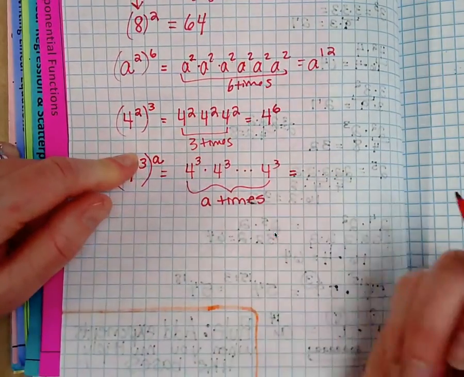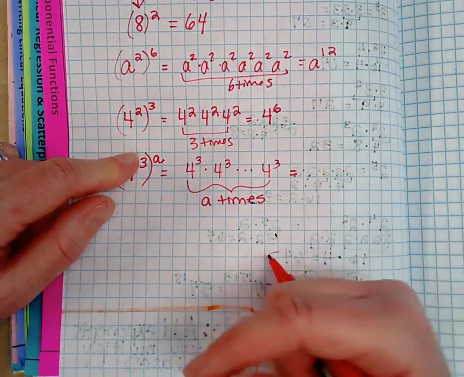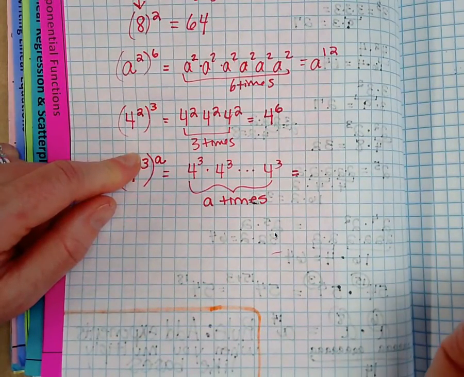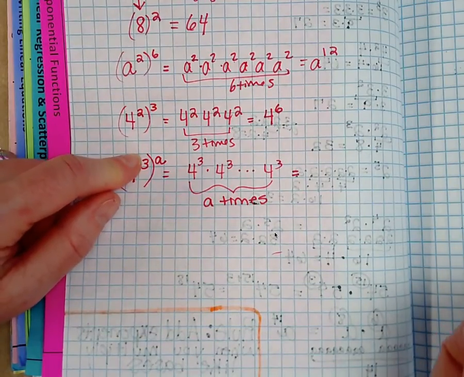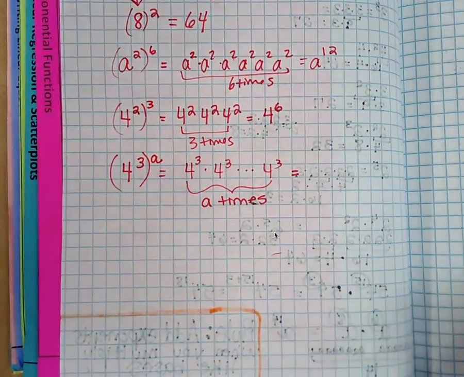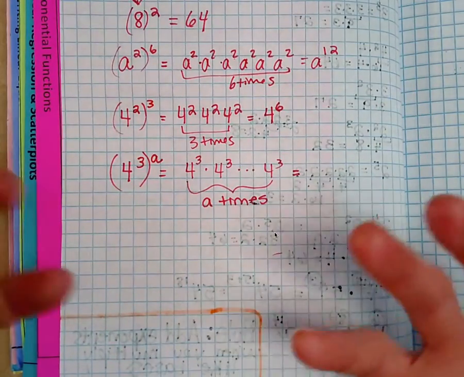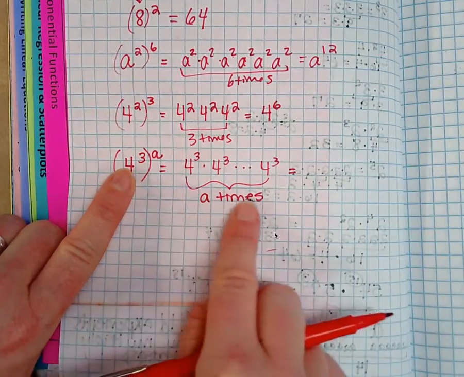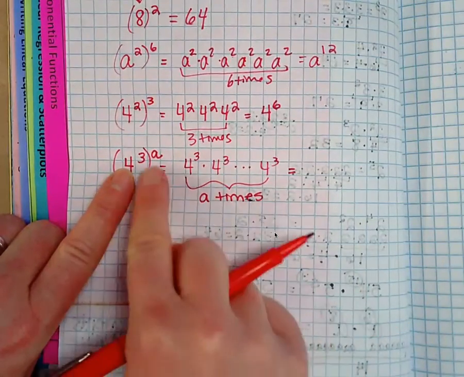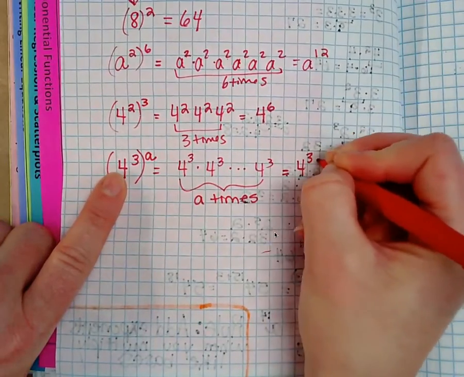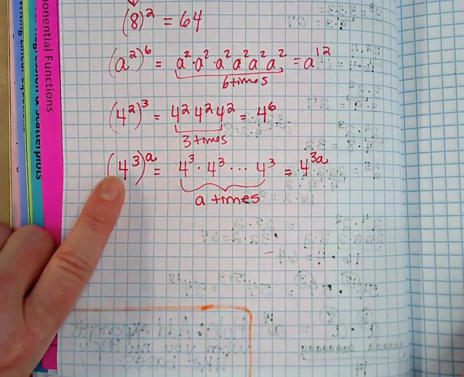Remember how multiplication is just repeated addition? Y'all learned that back in like 3rd grade. Instead of saying 5 plus 5 plus 5 plus 5 plus 5, what do we do? 5 times however many there are. This is the same concept. So because we're not sure how many A times is, we just multiply 3 times A. So it's 4 to the 3A. That's simplified.